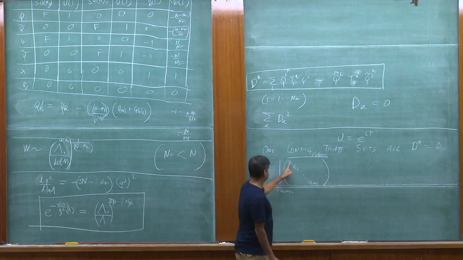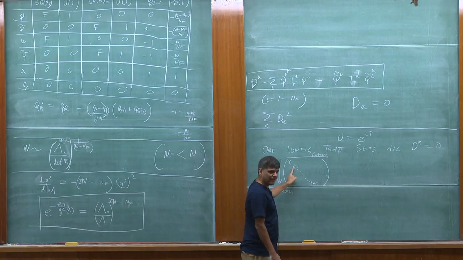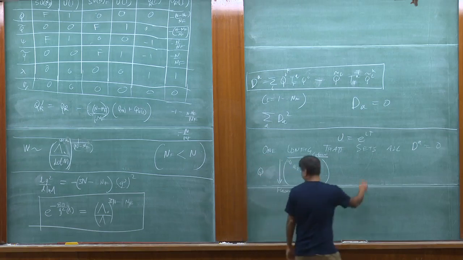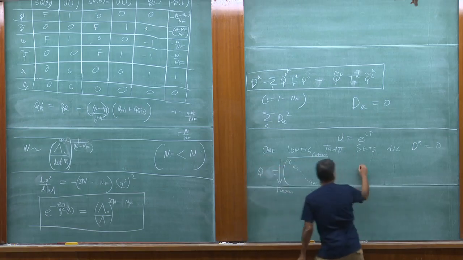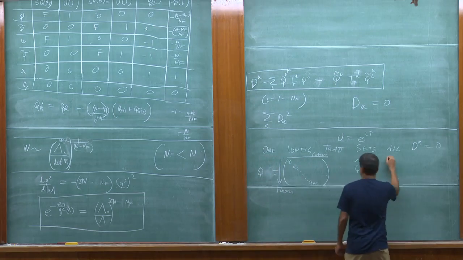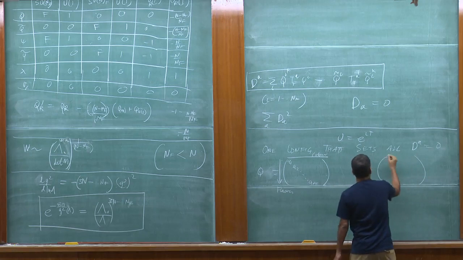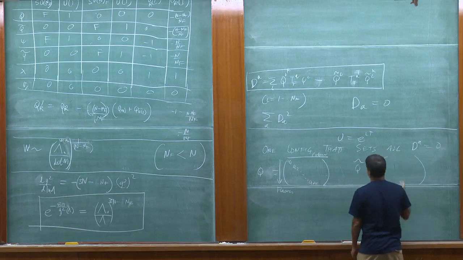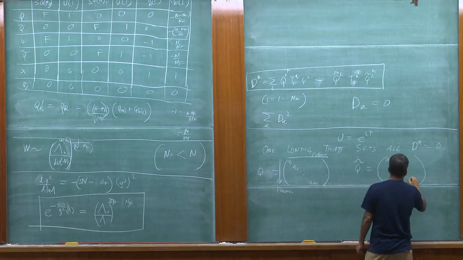Okay, first flavor has only the first color turned on. Second flavor has only the second color turned on, and so on. And then also write Q tilde, okay, is equal to A1, A2 up to ANF.